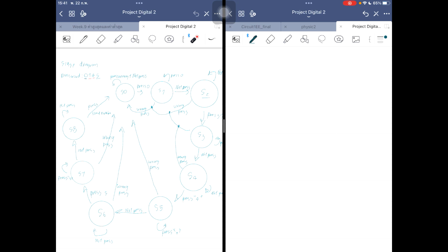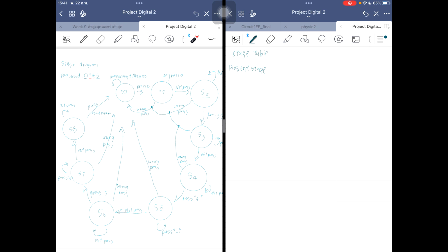From the state diagram, when we know the direction, what we should do, then we can start writing the state table. In the state table, we should know two main points. First point is the present state. Present state will show the status now of the state. Where are you now?